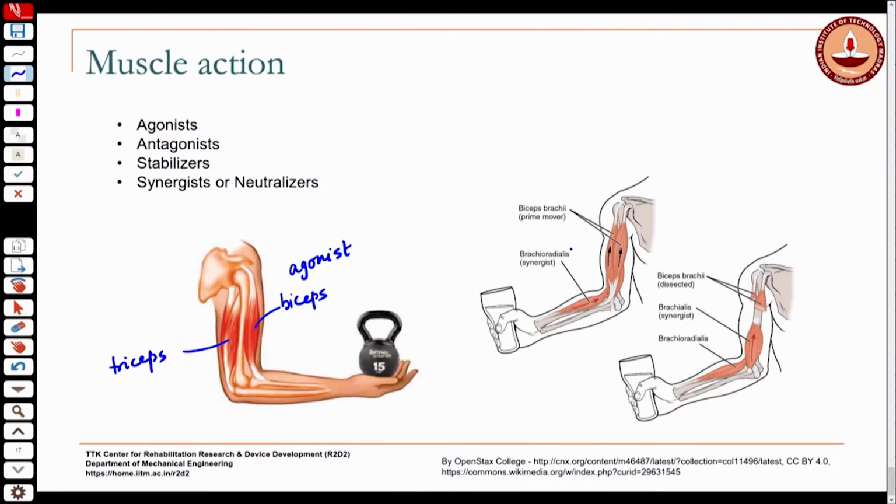Now, the antagonist. Agonists are the muscles creating the same joint movement.